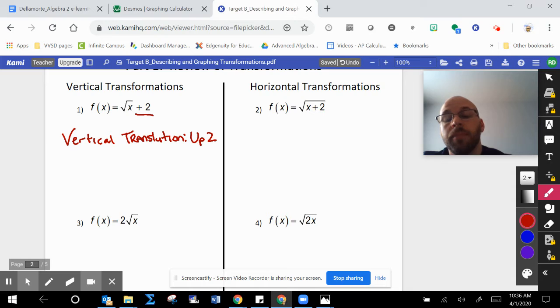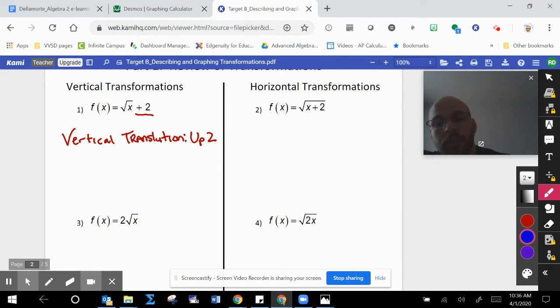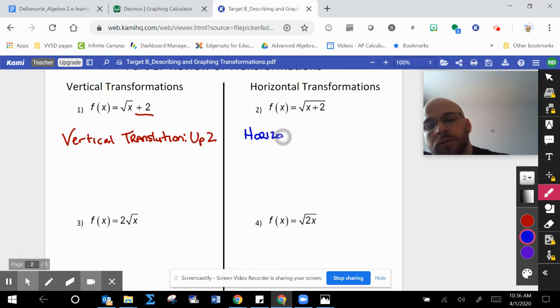Okay. Now, for number 2, we take that same value, that 2, but now I'm adding it to the inside. So when I add it to the inside of my function, it's no longer going to be a vertical translation, but it's going to be a horizontal translation.